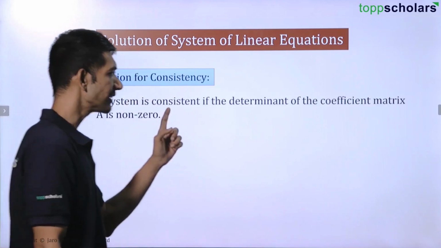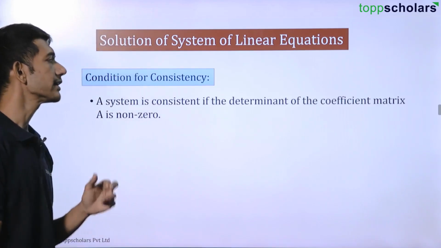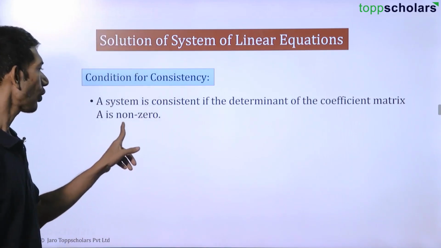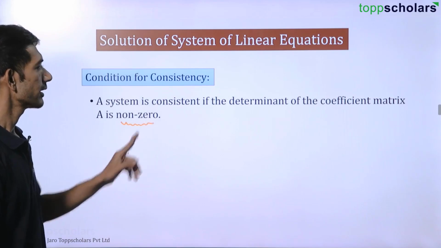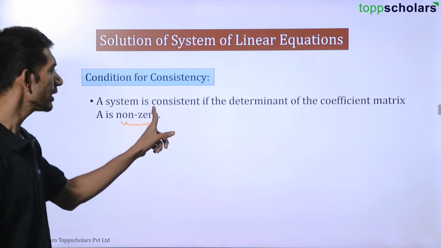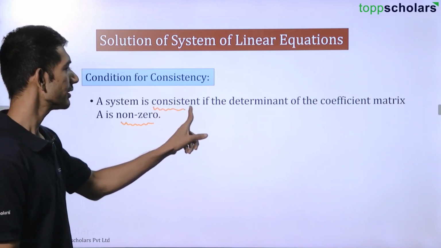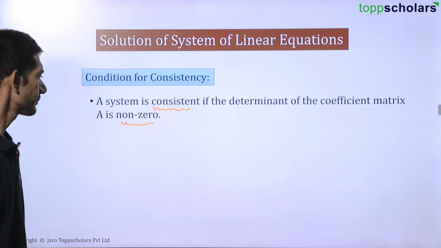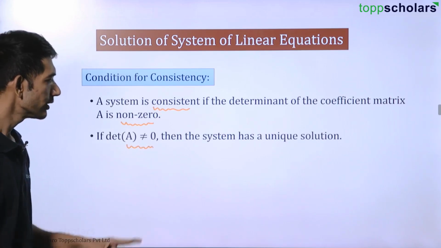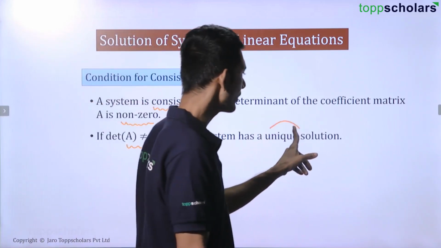Okay, now let us talk about the conditions of consistency. A system is consistent if the determinant of the coefficient matrix A is non-zero. If the determinant of the coefficient matrix is non-zero, then we can say that the system is consistent, and it has a unique solution.